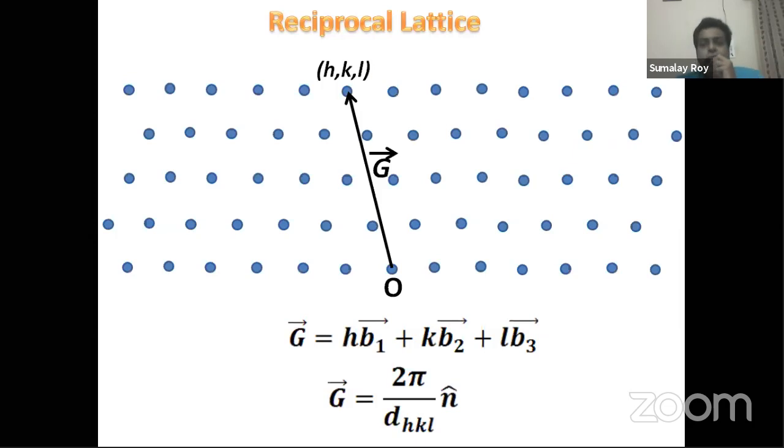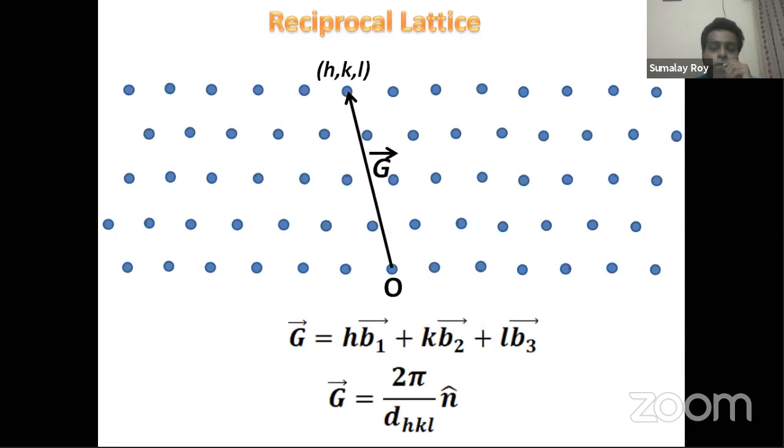Now these are other things about the reciprocal lattice. With these b1, b2, and b3 vectors, we can also form a three-dimensional lattice. And if we form it, we call it a reciprocal lattice, which will be another Bravais lattice.